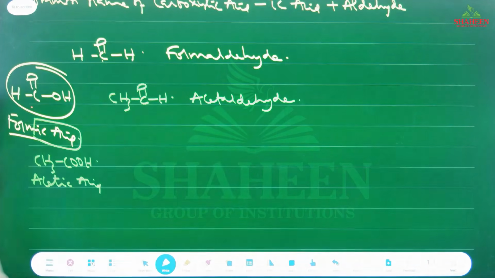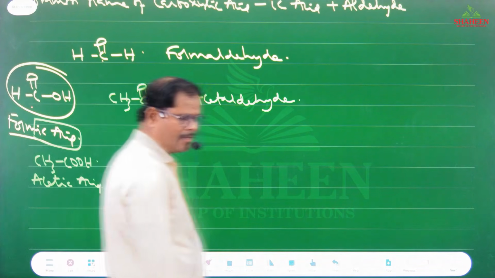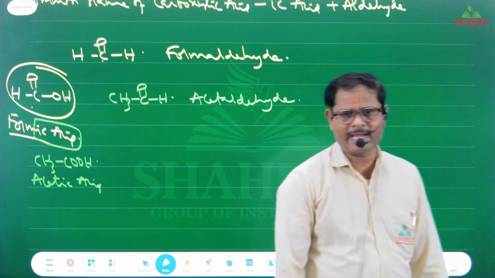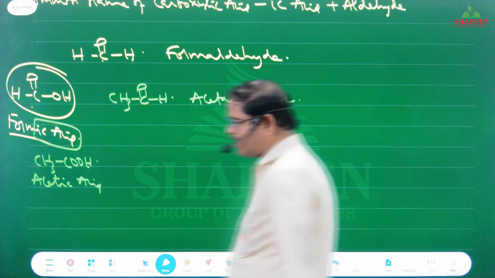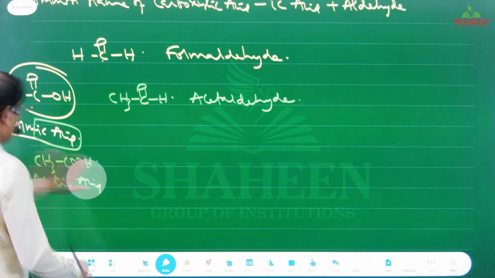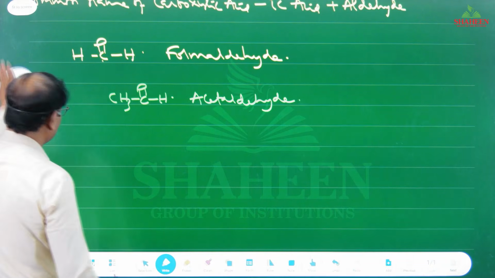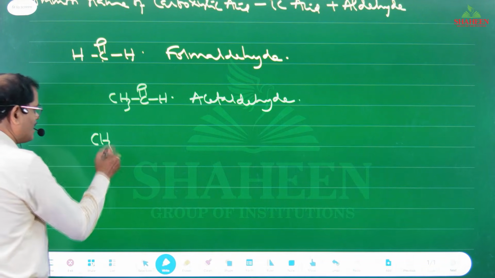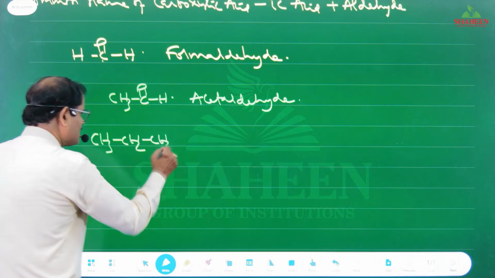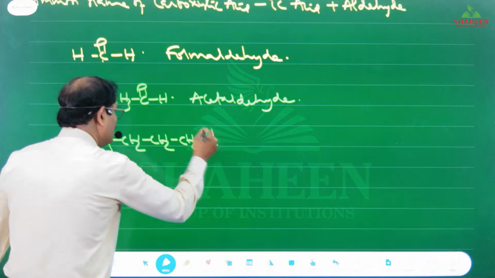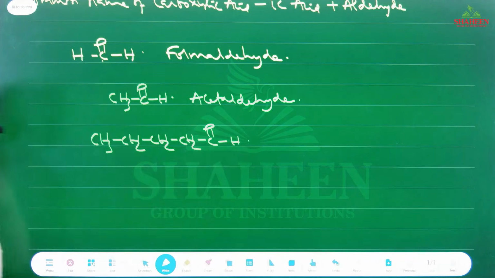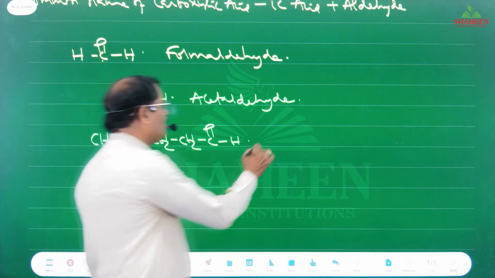Acetic acid, acetaldehyde. Propionic acid, propionaldehyde. Butyric acid, butyraldehyde. Valeric acid, valeraldehyde. Valeric acid is a carboxylic acid with 5 carbon atoms. That's why here we can write it as CH2, CH2, and double bond OH. This is called valeraldehyde.